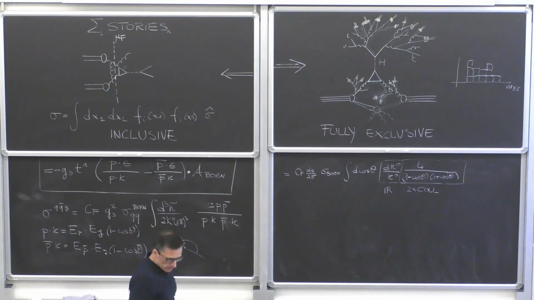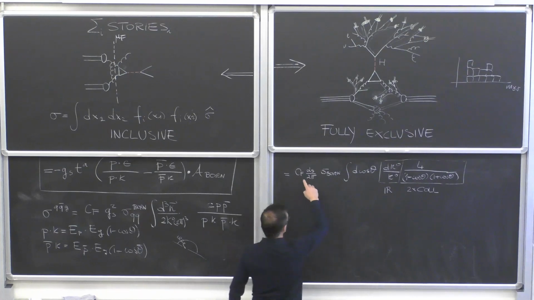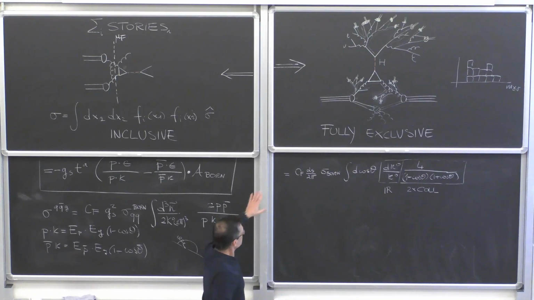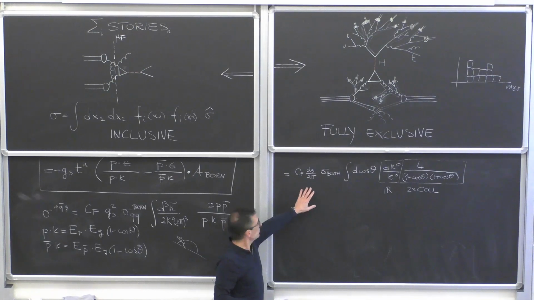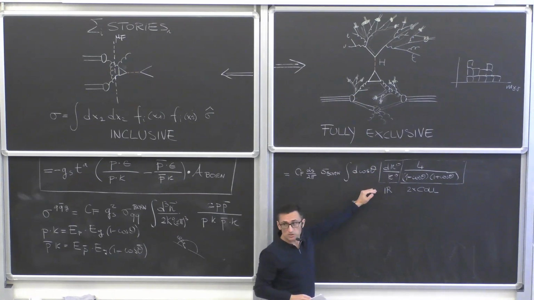Actually there is a way to picture this, but I don't care very much now. You see that I wrote this in a form such that I can combine it with the virtual, because this is an integral which is divergent at the border of the integral.